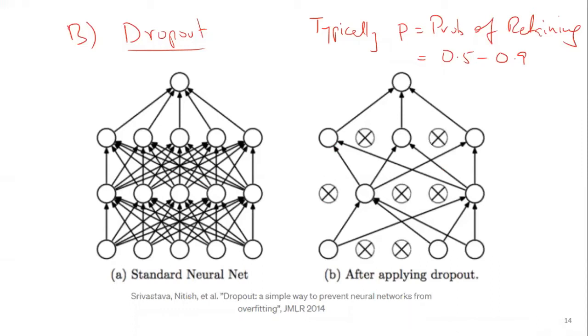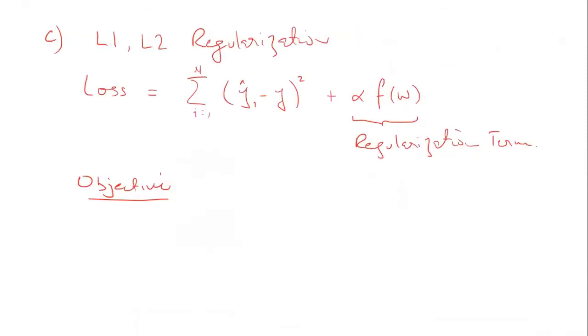Now, today we're going to talk about a third type of regularization, and this is called L1, L2 regularization. What this does is it takes the loss equation and adds a regularization term, which is a function of the weights.